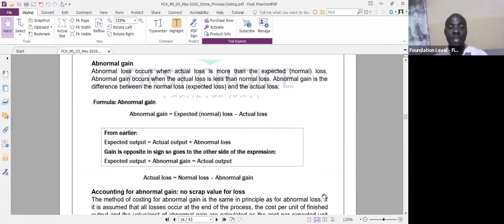You don't have abnormal gain in the same accounting line as abnormal loss. Abnormal loss is on the right hand side. Abnormal gain is on the left, in the same account.